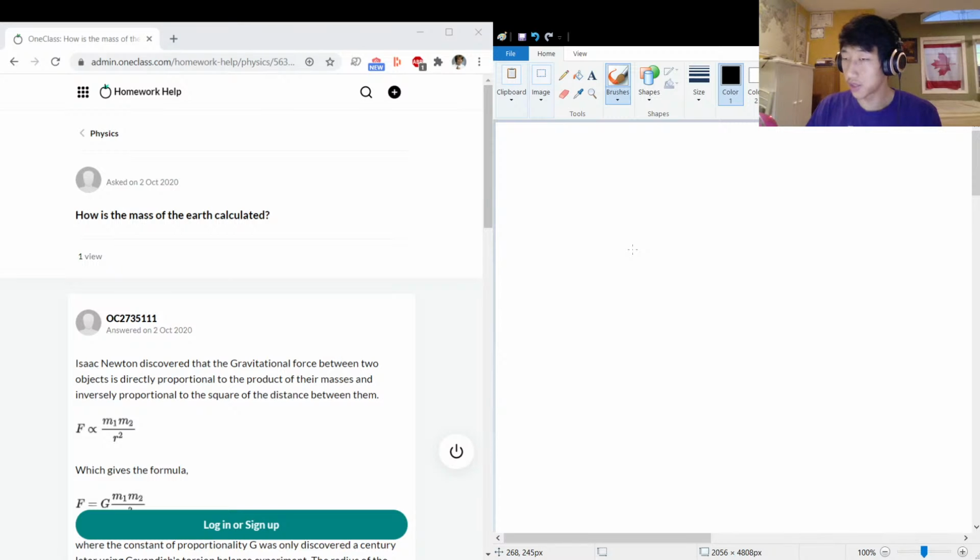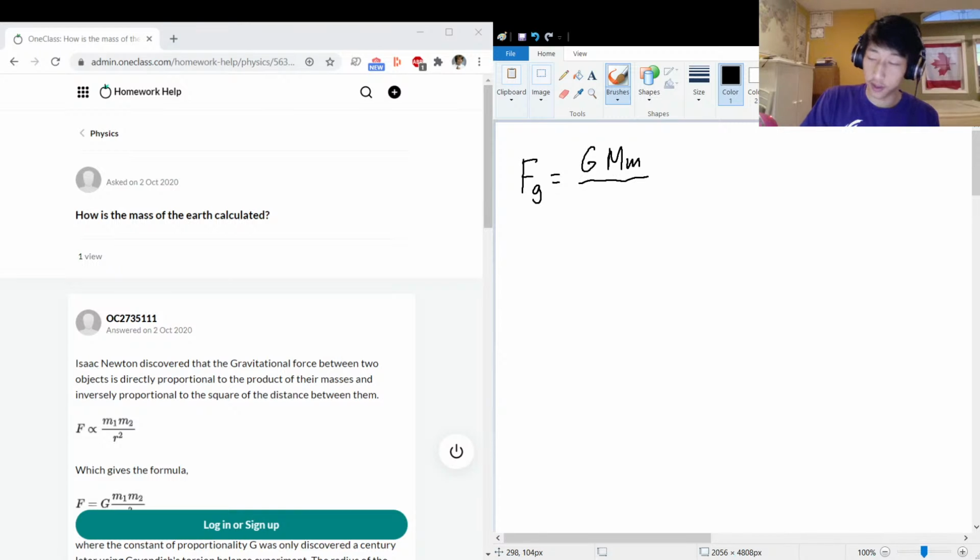So, the next question that we got on the menu today is, how do we calculate the mass of the Earth? An easy way that we can do this is if we know a couple of things about gravity. Okay, so we know that the force of gravity, Fg, is equal to big G times M m over r squared.